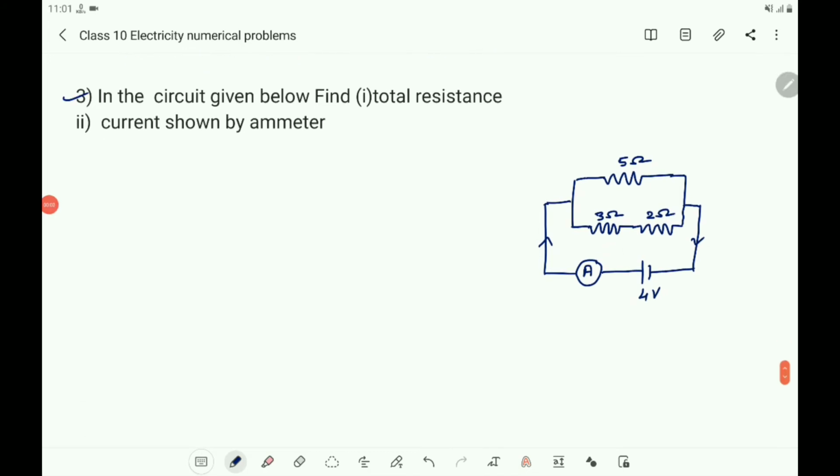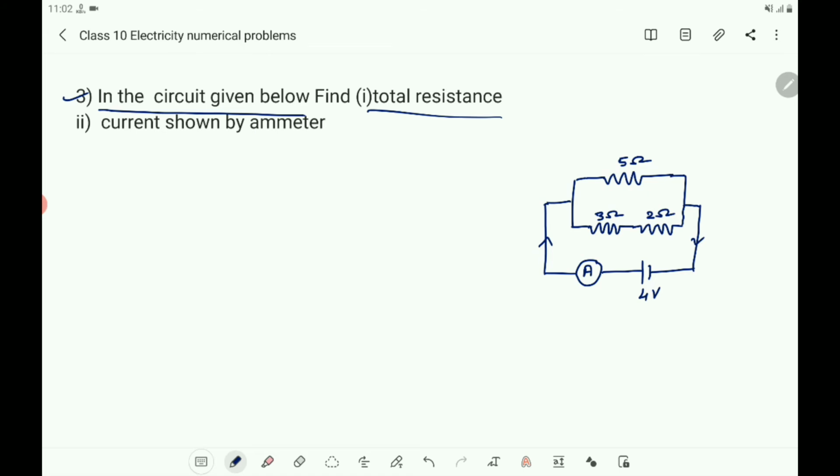Now you take the third question. In the circuit given below, find the total resistance and the current shown by the ammeter. Here observe the circuit. The resistances of 3 ohm and 2 ohm are connected in series, and this combination is connected in parallel with the resistance of 5 ohm.